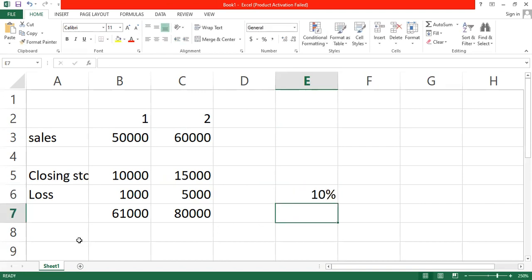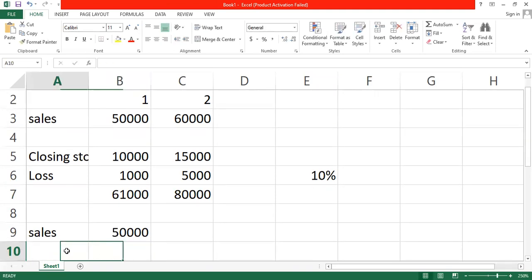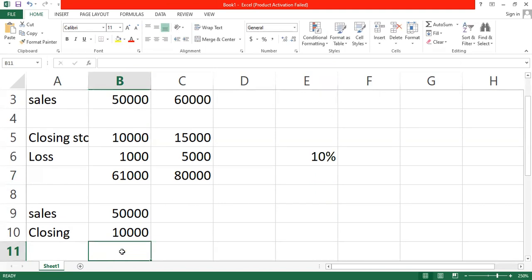So what will happen is that if we want to find our production, it will be sales, which is 50,000, plus the closing stock, which is 10,000. What will be the value?